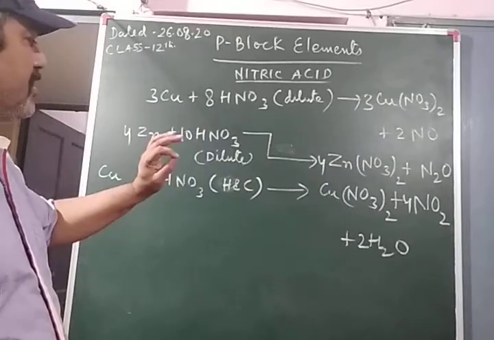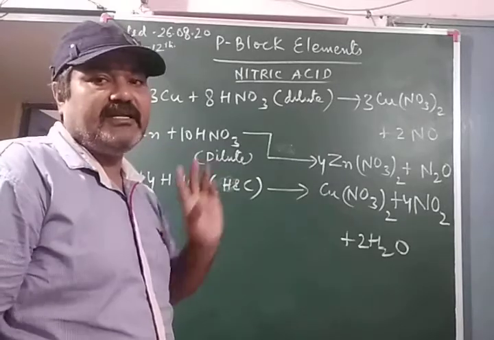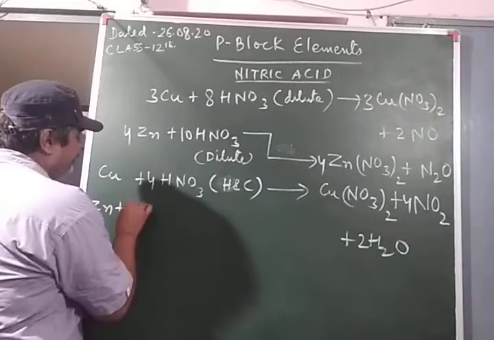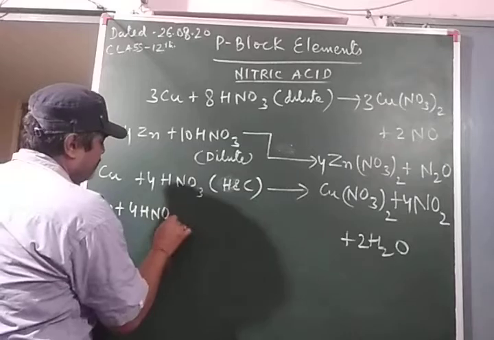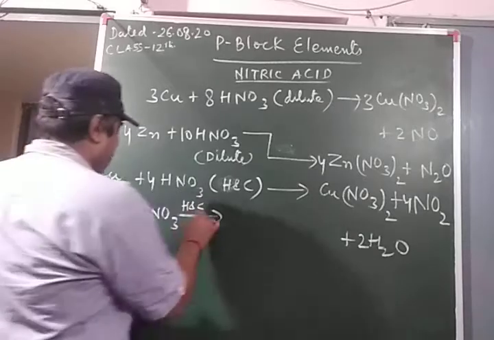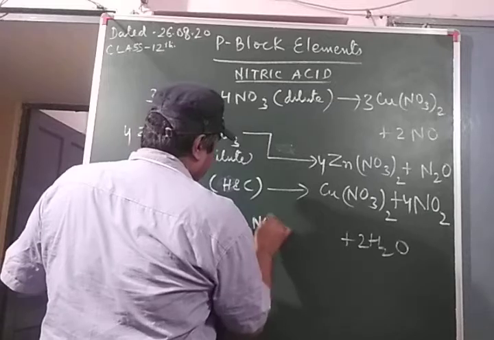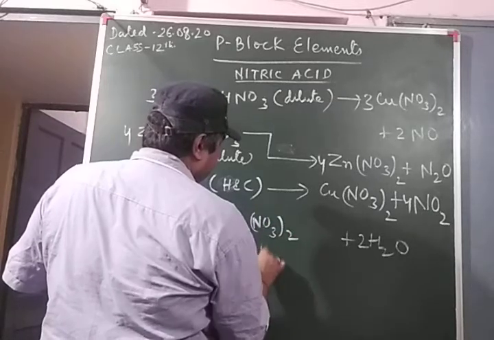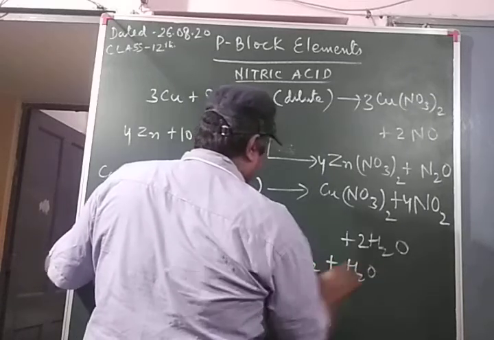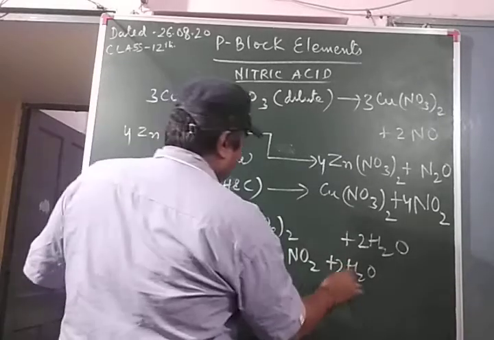With zinc, when HNO3 is taken hot and concentrated, the reaction takes place the same way. Look, Zn plus 4HNO3, hot and concentrated, gives Zn(NO3)2 plus 2NO2 plus 2H2O.